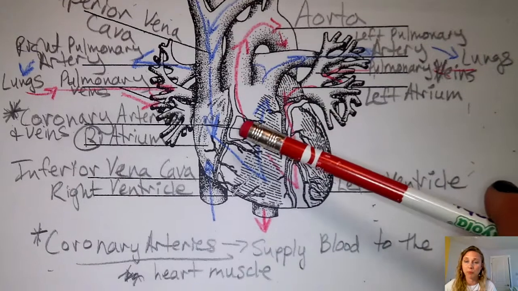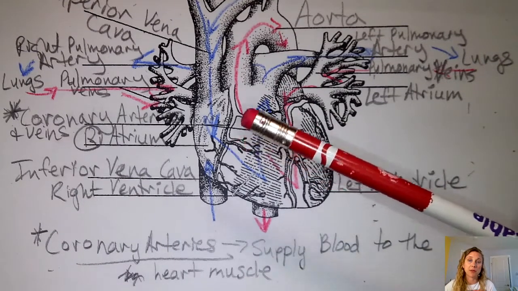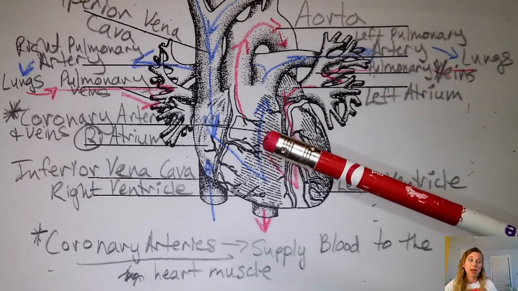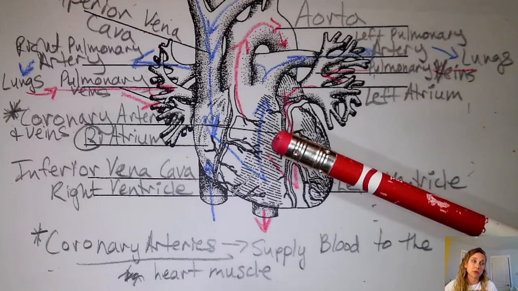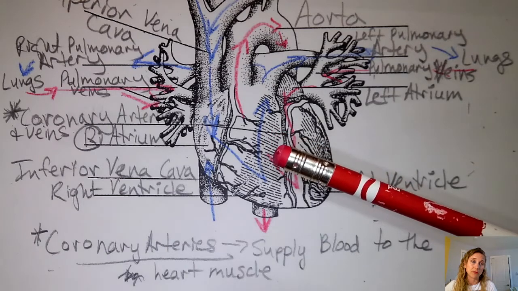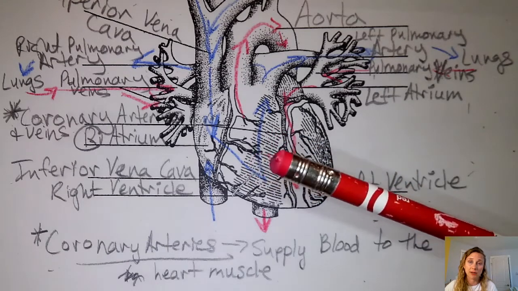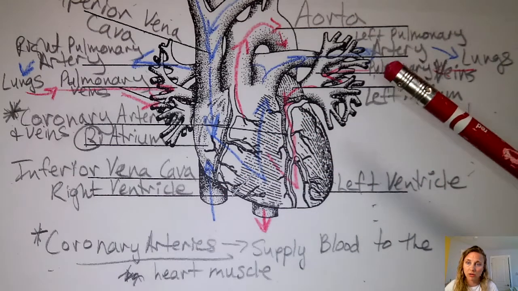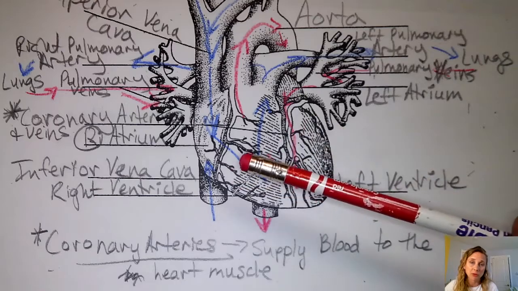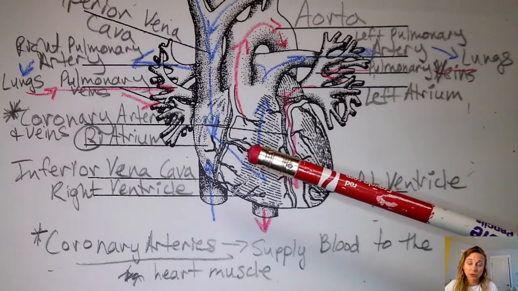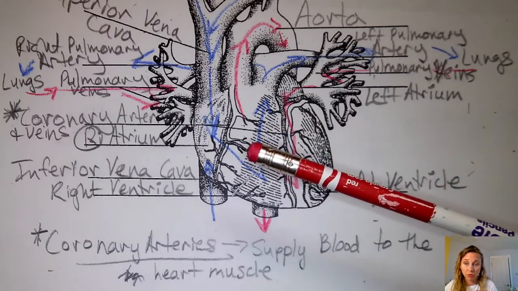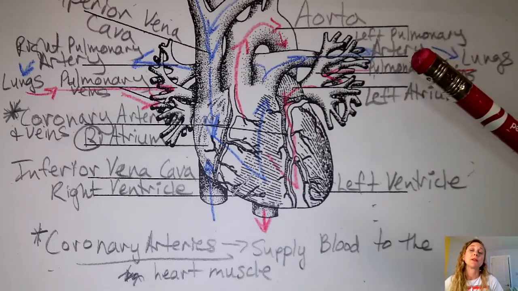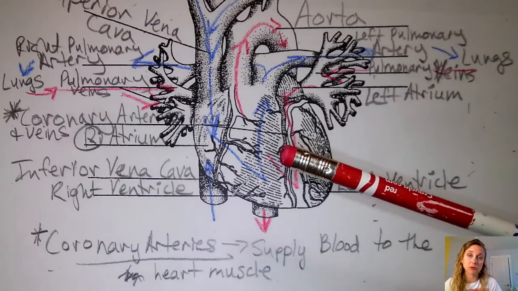Because if it clogs these coronary arteries, then the blood won't be able to flow to the heart muscle itself to give the heart muscle oxygen, which signals that you're low on oxygen, and then it's going to make the heart pump faster, because it's like, oh, we need to get more blood to the lungs to get more oxygen, which is going to make the heart muscle work harder, which is going to deplete the heart muscle of oxygen more, which is going to make the heart muscle try to contract more to get more oxygen to itself, which is going to make it work harder.